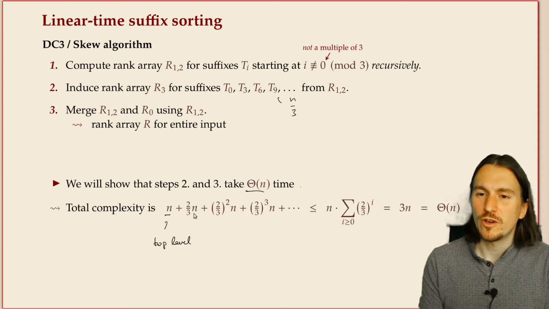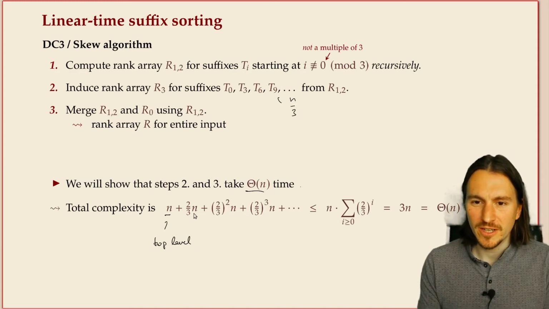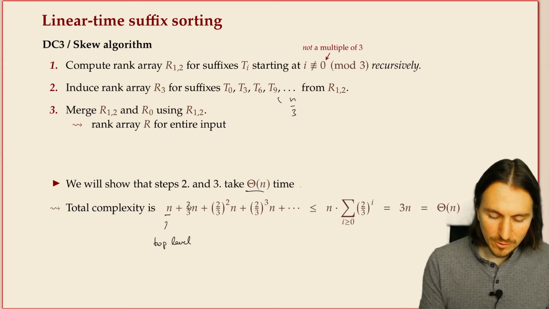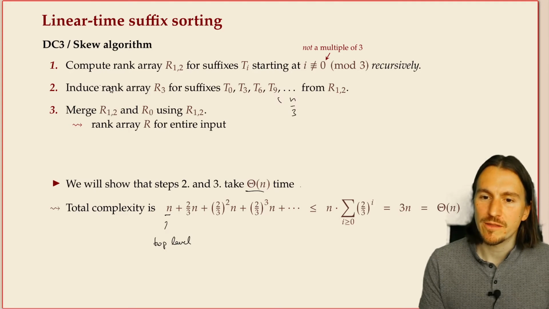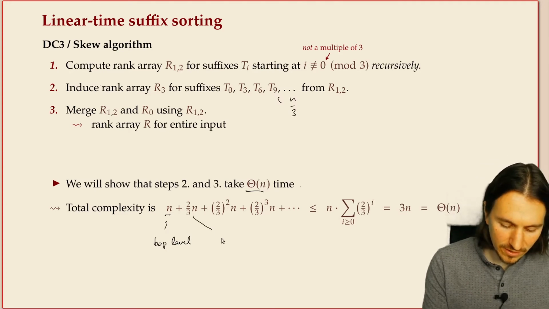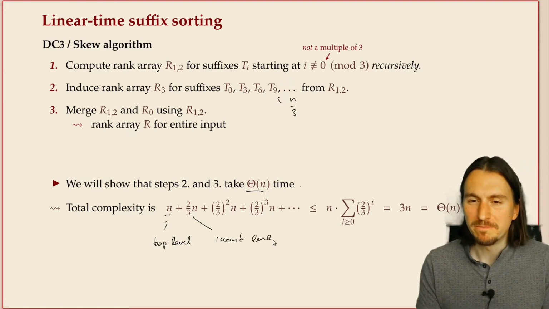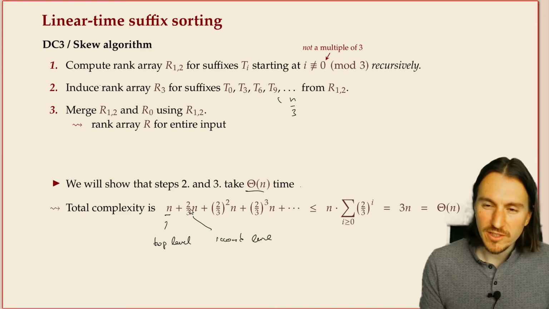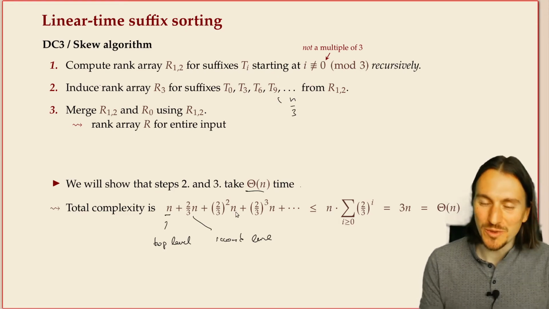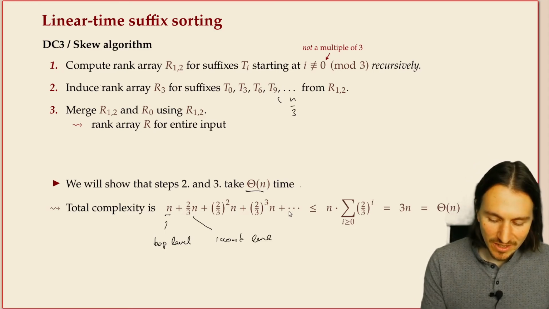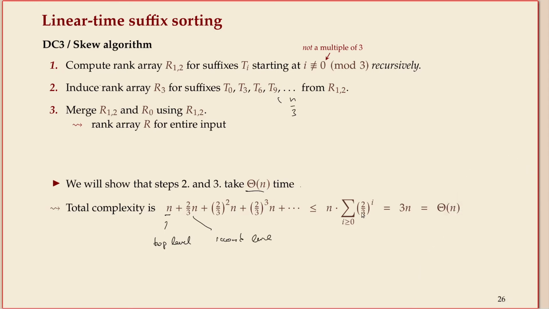We make a recursive call, and now on this next level, we only have 2/3 of the strings. We will have another step 2 and 3, and together they take 2/3 n. But that second step also has a recursive call, and it takes 2/3 of 2/3, and so on and so on. So you see, what we get here is a geometric sum.